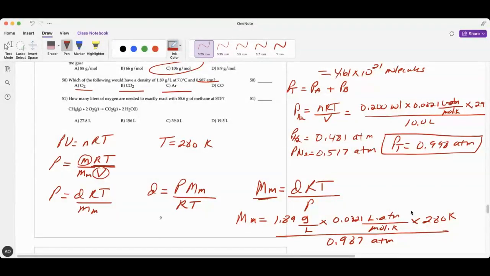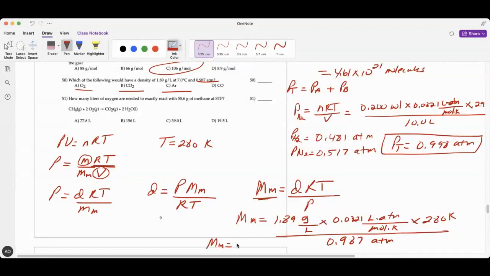So 1.89 times 0.0821 times 280 divided by 0.987, not 981. And I know exactly which one it is.